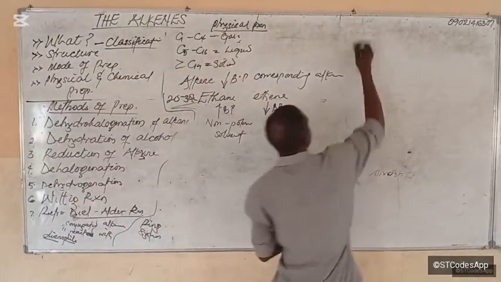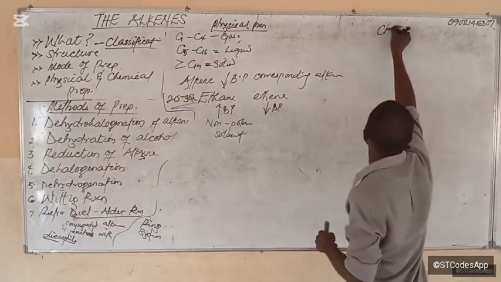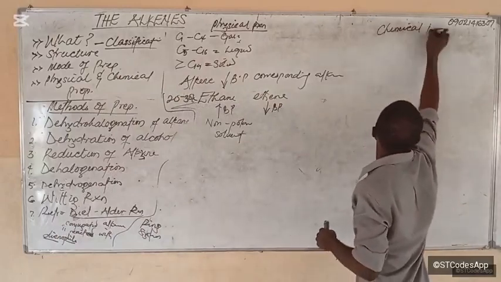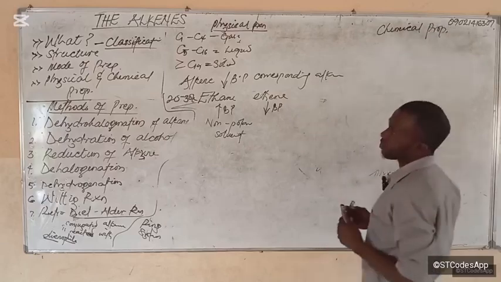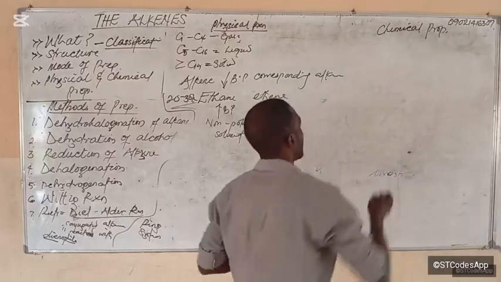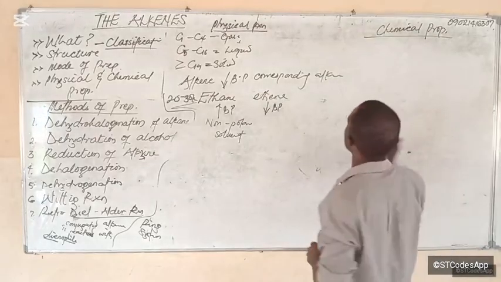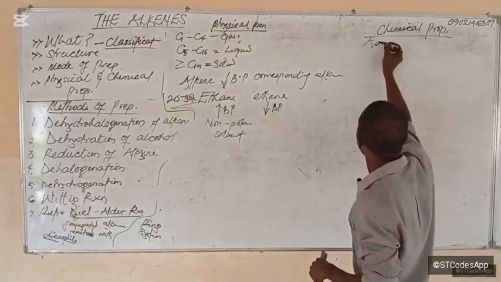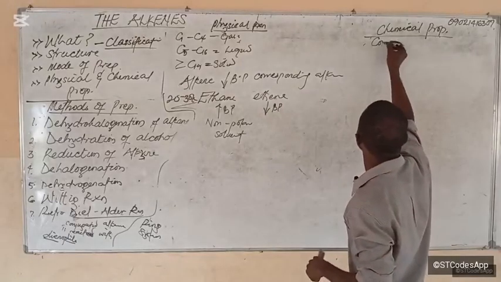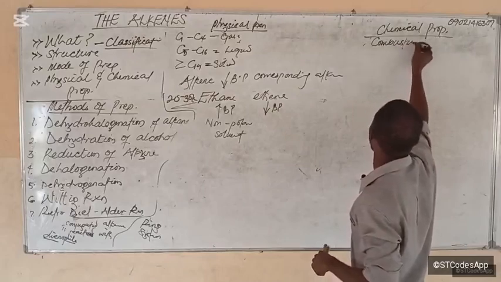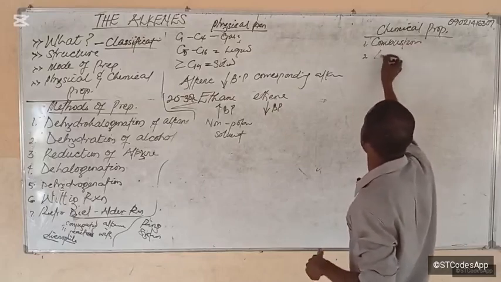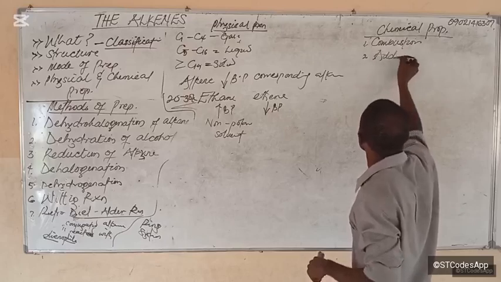Now let's go to the chemical properties. So now let me list the chemical properties. The chemical reactions that we're going to see with alkenes are first combustion, but mostly addition reactions. Okay, we're going to see mostly addition reactions.